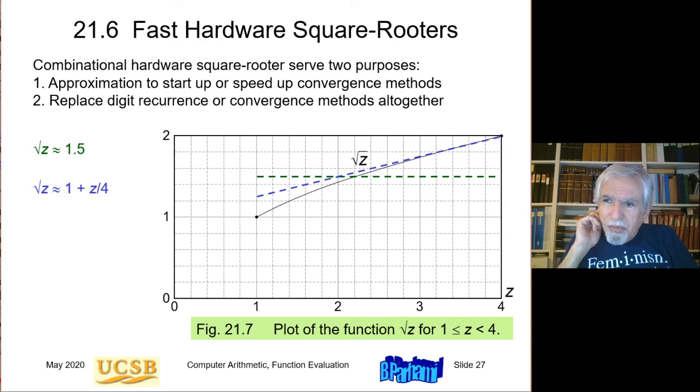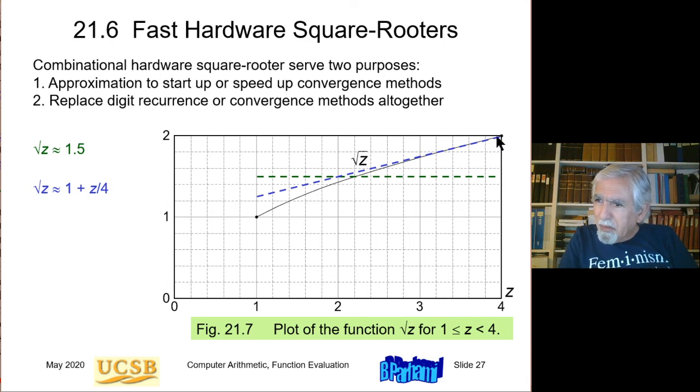Here is an example. The blue dashed line is the approximation 1 plus z over 4. Now z being in the range 1 to 4, z over 4 is a fraction, and therefore adding 1 to it is simply sticking a 1 in front of it. z over 4 is basically a 2-bit right shift. So a 2-bit right shift of z, and then sticking a 1 in front of it gives you this approximation, which is better.